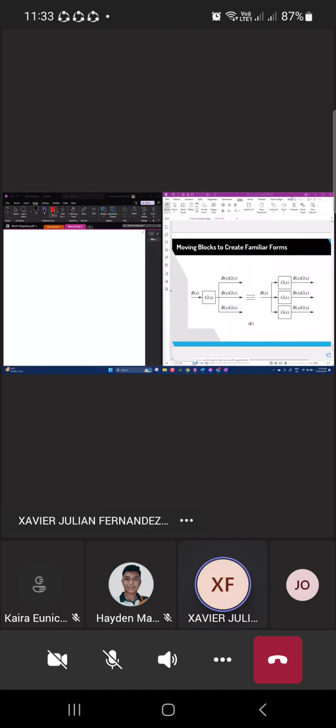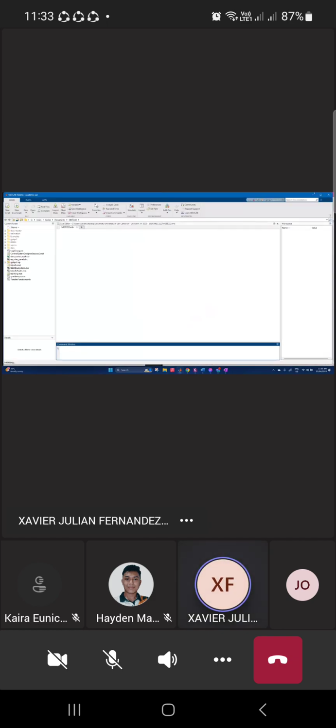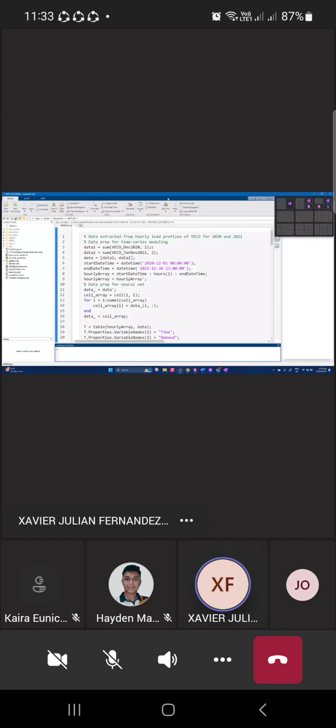Okay. So now I will be going to MATLAB. I will show you how the control system designer works, because you will be using this for your project. Okay. So if you go to MATLAB, you go to the apps tab, at the top.